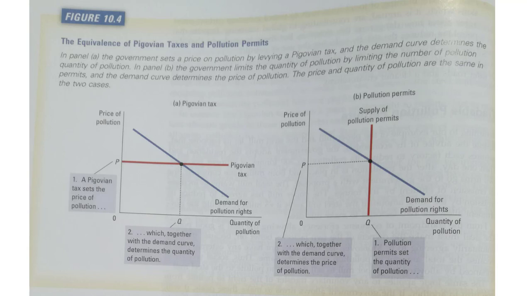The government tries to put a carbon tax, which is exactly a price on pollution, which will set the price of pollution, which is 0 at the moment, which together with the demand curve determines the quantity of pollution, and hopefully this quantity will be lower and lower.